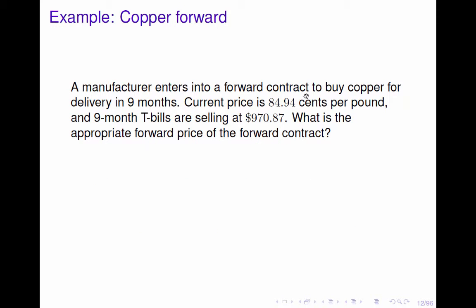Now let's take a look at the following example of a forward contract on copper. The current spot price of the copper is 84.94 cents per pound. Given the 9-month T-bill price, can you suggest an appropriate forward price of copper for delivery in 9 months?